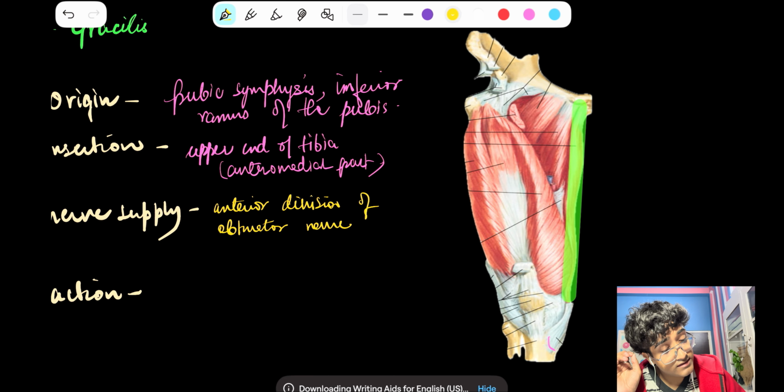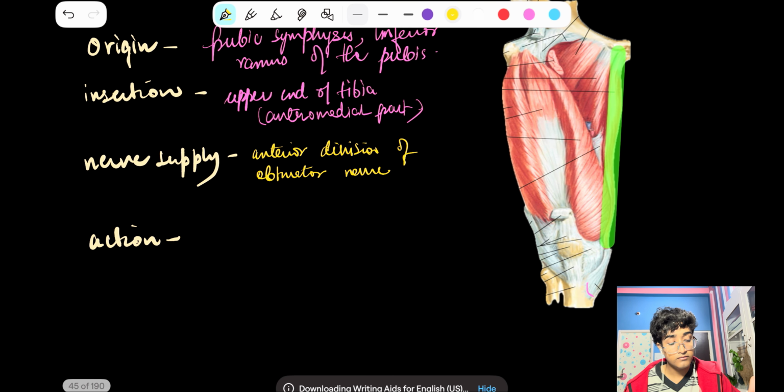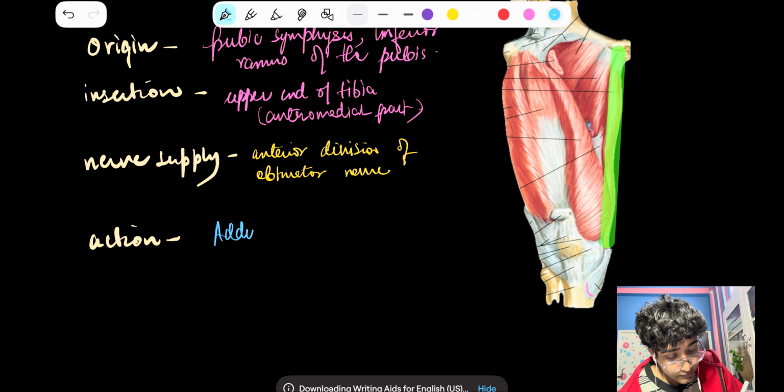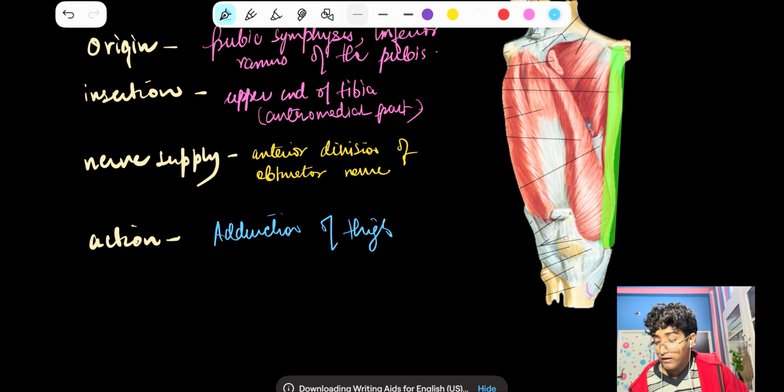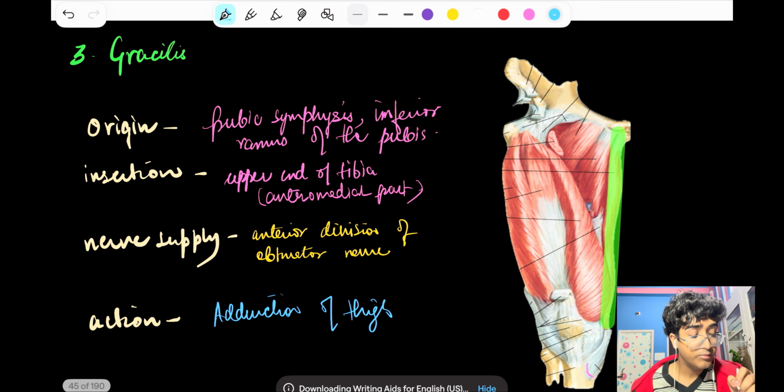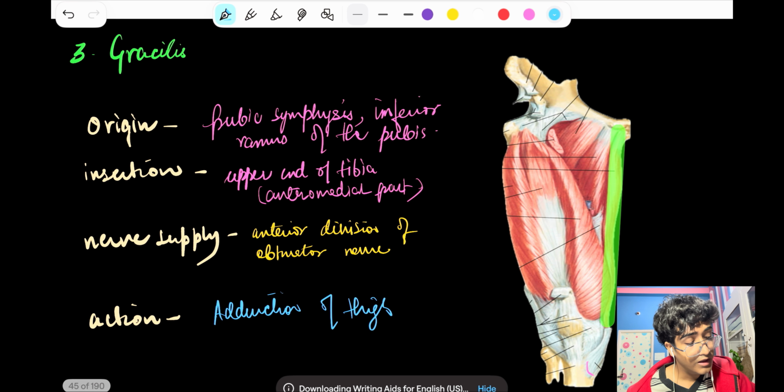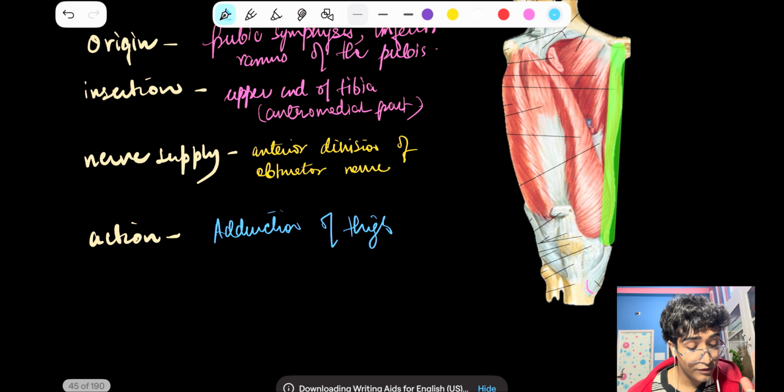Its action is adduction. Adduction is the common action, adduction of the thigh. And one more thing, it helps in flexion of the leg and medial rotation of the leg, not the thigh.